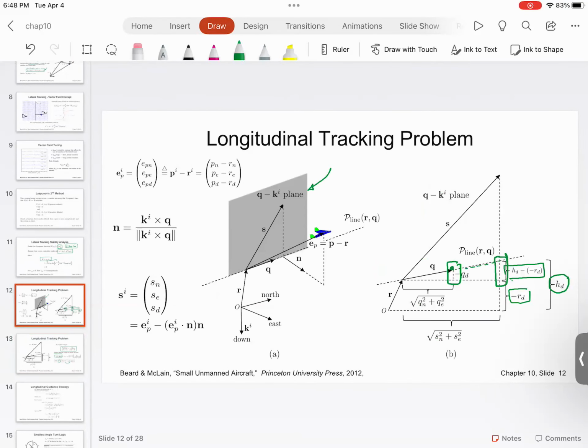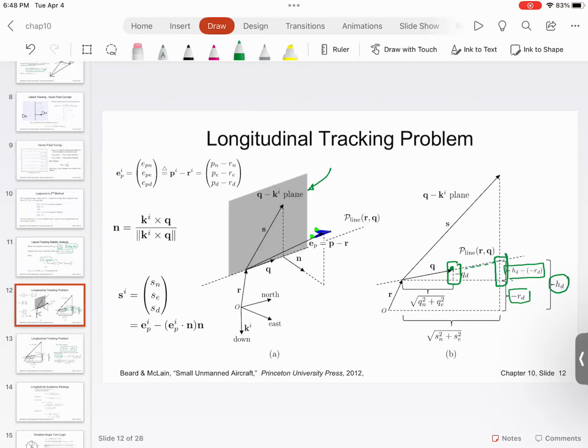This slide and the next slide give you the geometric interpretation of path error. Geometrically, you have a component of error that is resolved onto the plane, which is Q and Ki.